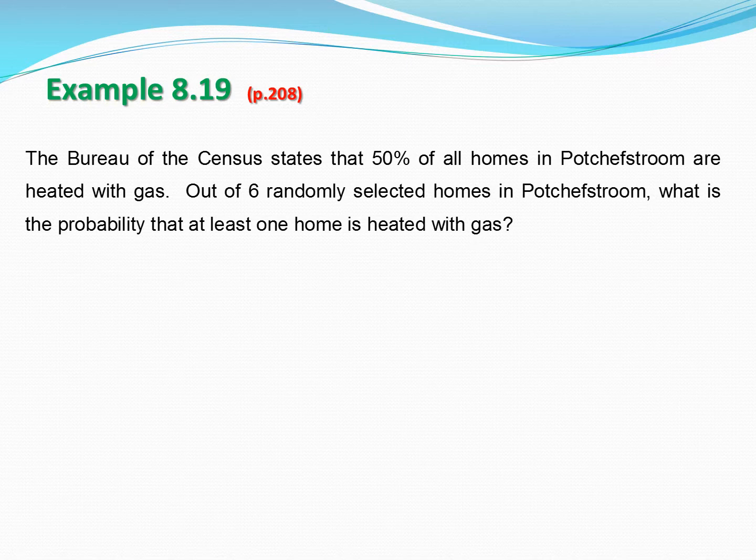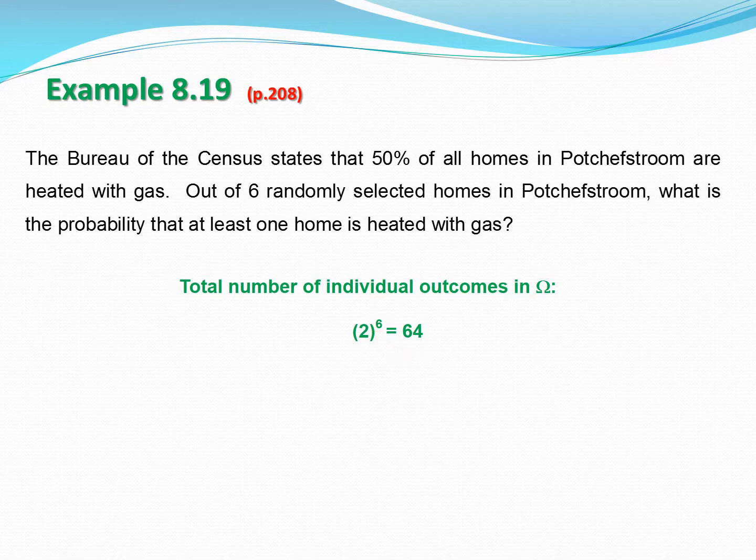We can easily determine the total number of outcomes in our sample space with the multiplication rule first of all. So we did that last week already. Each home will have 2 possible outcomes, and there's 6 houses that we selected. So that means that our total number of individual outcomes will be 2 to the power 6, which will be 64.